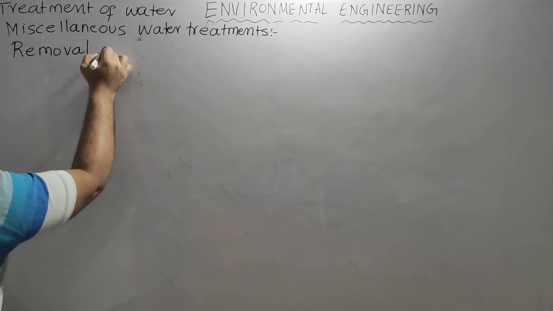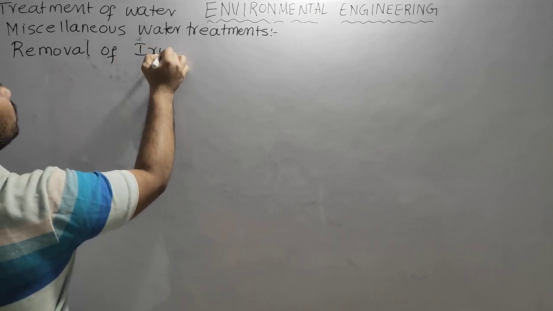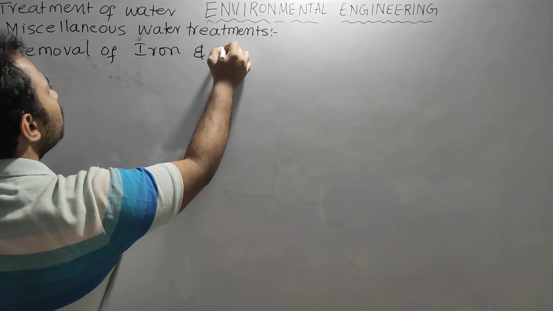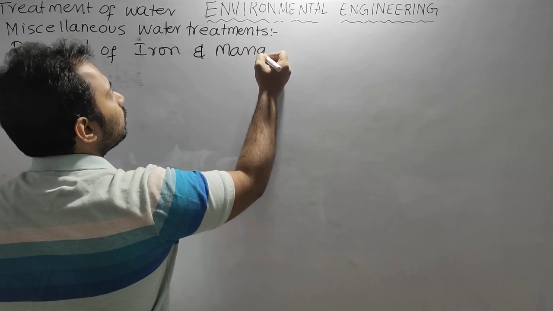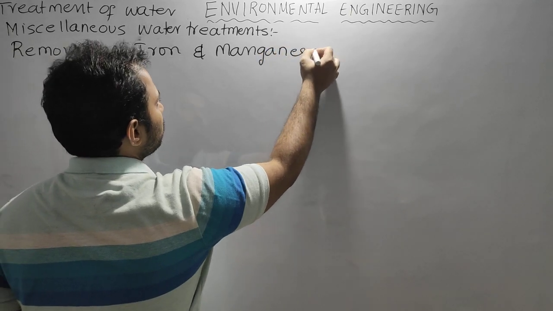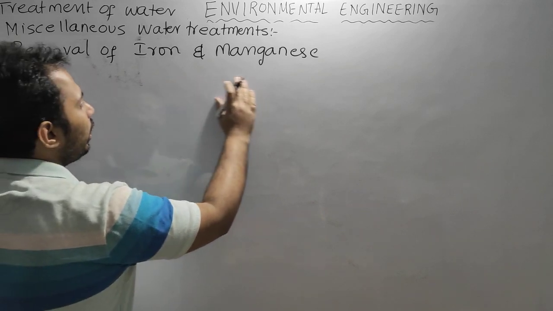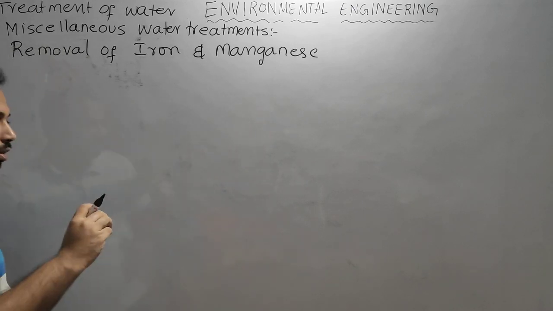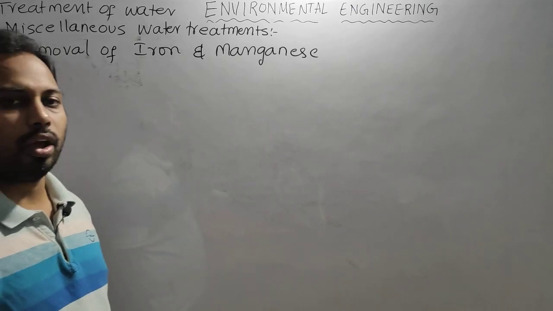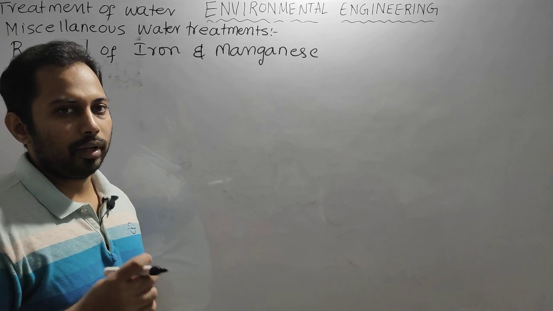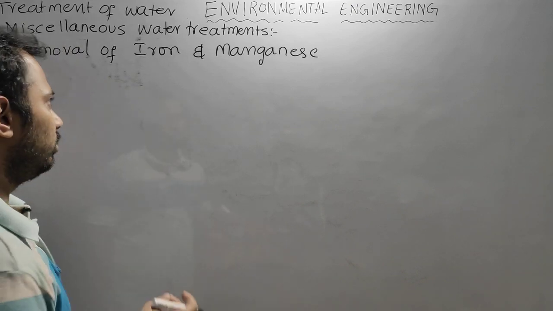Removal of iron and manganese. So iron and manganese may be present with or without organic matter. Generally this iron and manganese may be present in ionic form, or they may be present along with the organic matter. Okay.